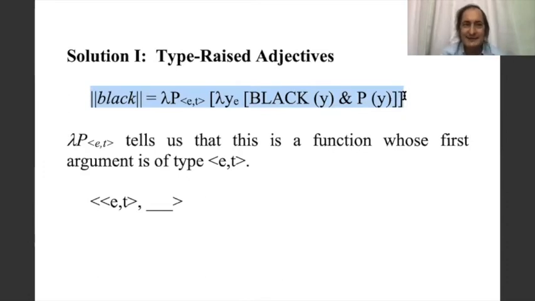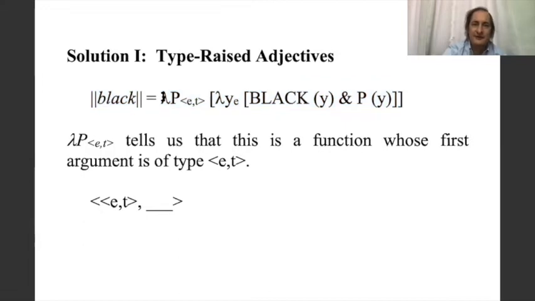So this says, take black to be something that first requires a one-place predicate, and it takes that one-place predicate as its argument. That's going to be the translation of the word dog. Then give back this, and that is itself a one-place predicate. We'll deal with that in the next slide.